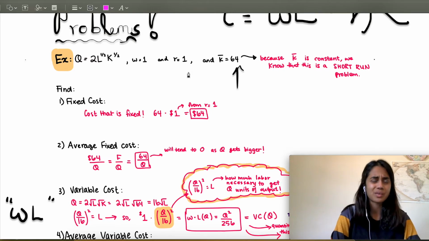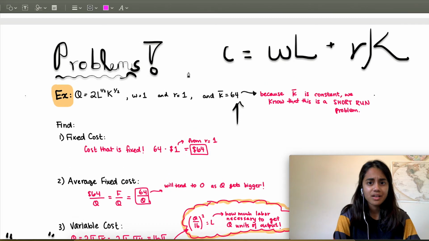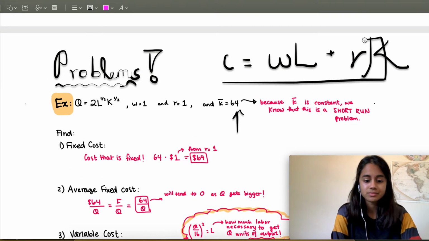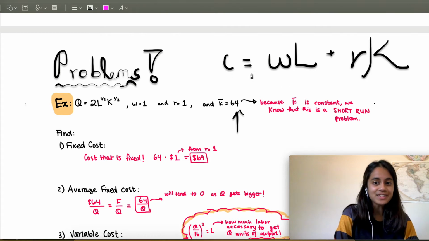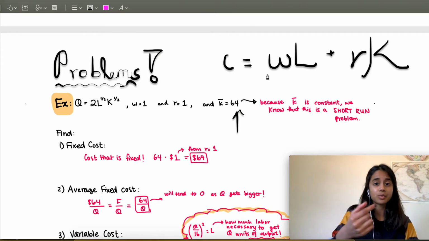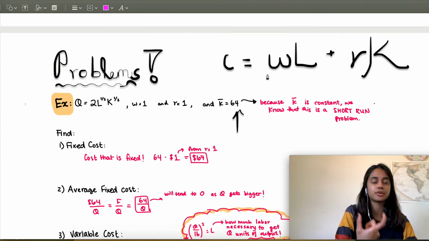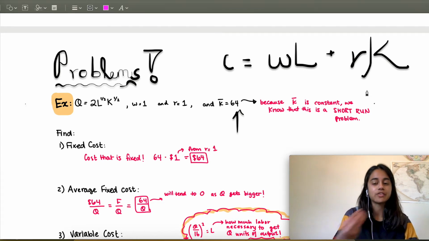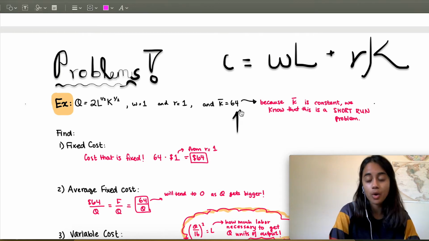Now you're probably asking, wait, why? Do not forget this formula. We have our cost is equal to wage times the amount of labor, which is really just how much a person is getting paid per hour or whatever the unit is, plus our rental rate of capital times the quantity of capital.